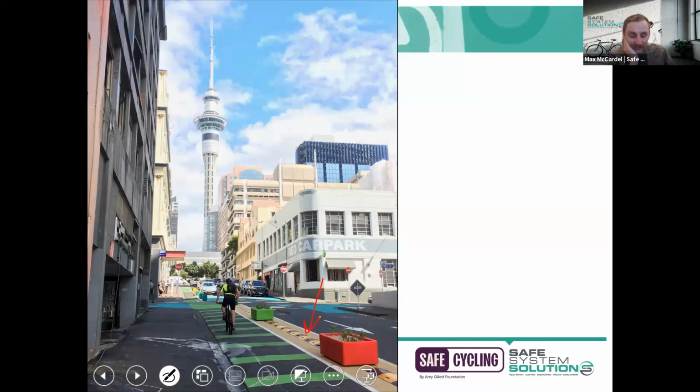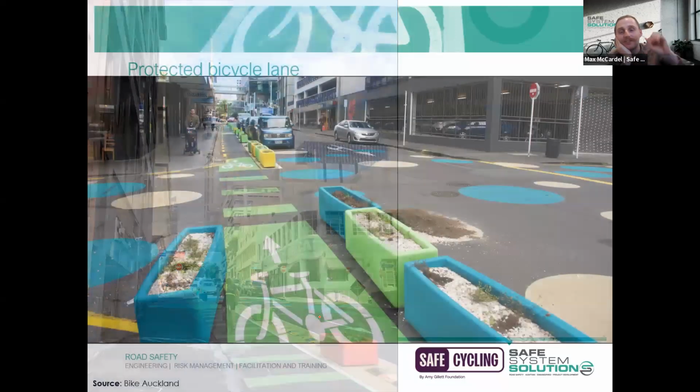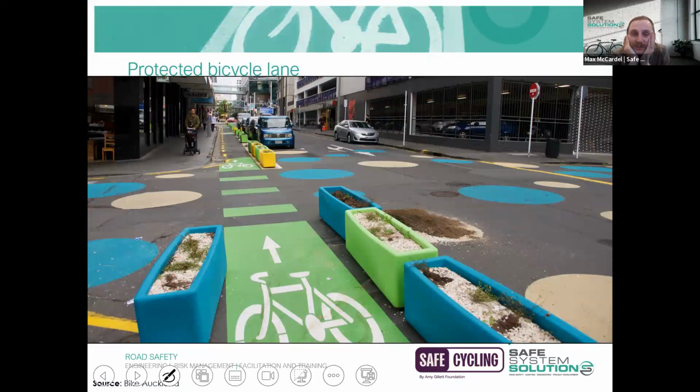Federal Street in Auckland, and at the intersection they also did a bit of tactile urbanism work just to help do some traffic calming and let motorists know that they're in a slightly different environment here. This is probably an example where you can see that a planter box has already been struck, and you've just got that soil lying on the carriageway, and who's actually going to go and dig that up and rectify that? It might be stuck there for a while yet.